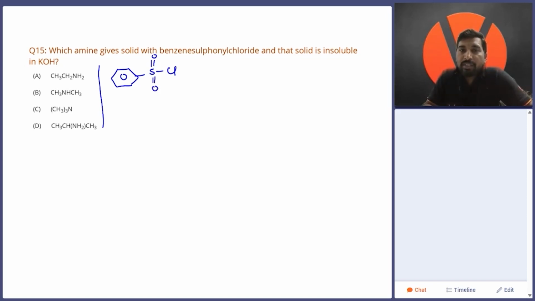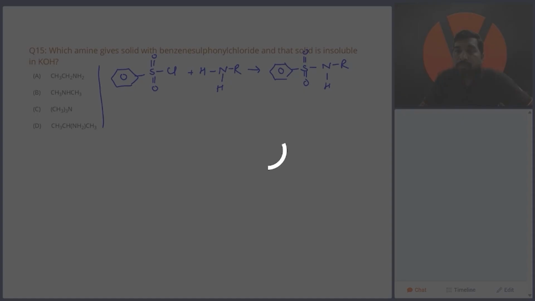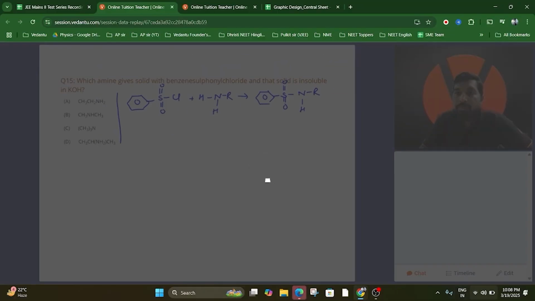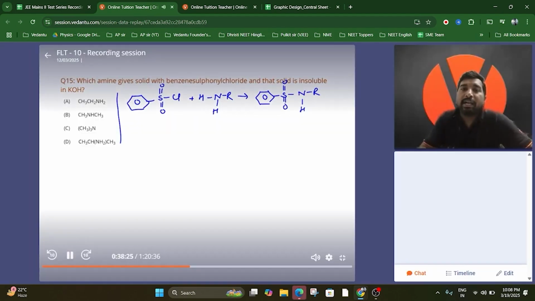If it reacts with 1 degree amine, it will form a white colored PPT with 1 degree amine, which is soluble because of this acidic hydrogen.